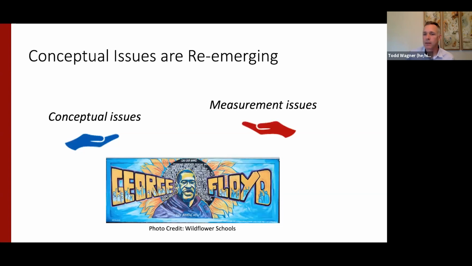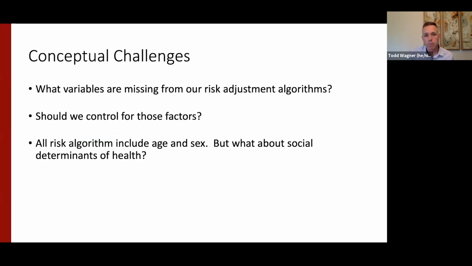So it's really easy to get sucked into the measurement issues and think about, are we measuring the models with the right variables? What's happened over the past year, it's undeniable that the conceptual issues, especially issues of equity, and equity not being just insurance, are coming back to the fore. So what people are asking ourselves is, what variables are we missing from our own risk adjustment algorithms?